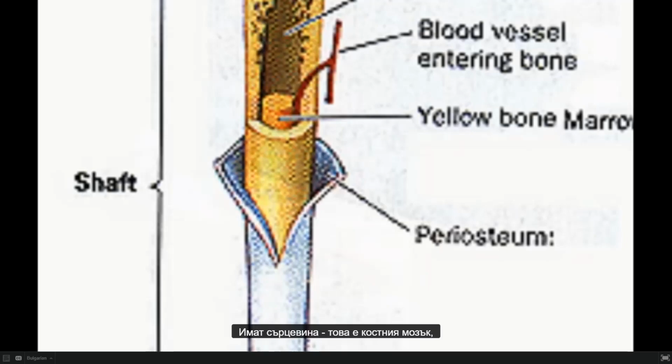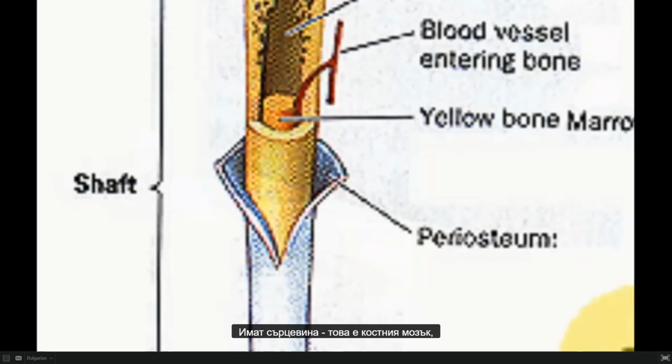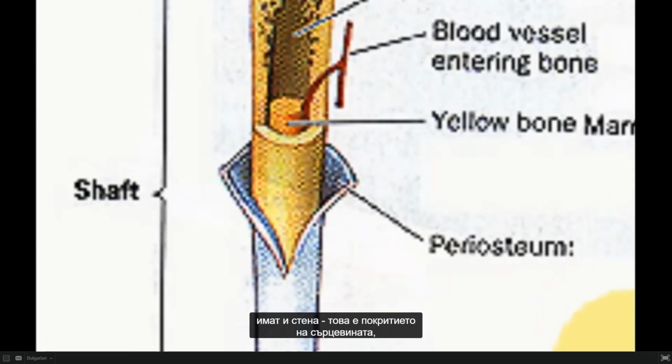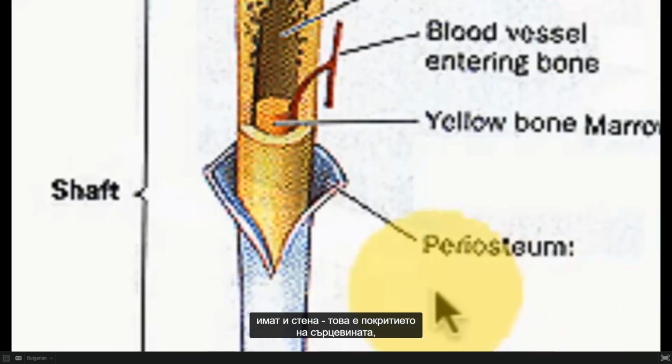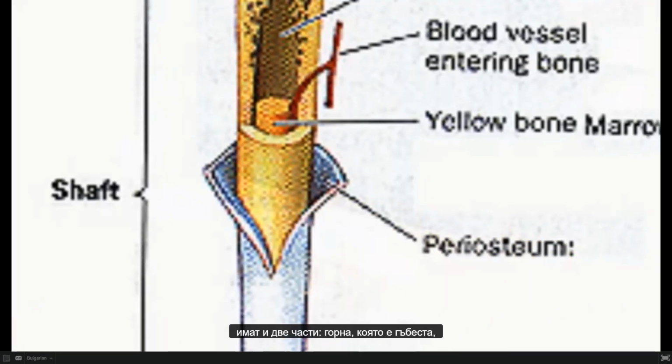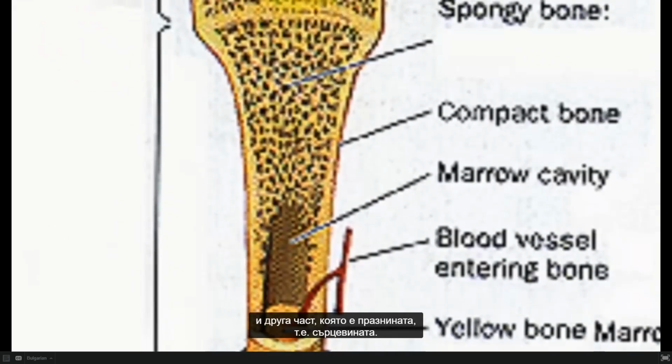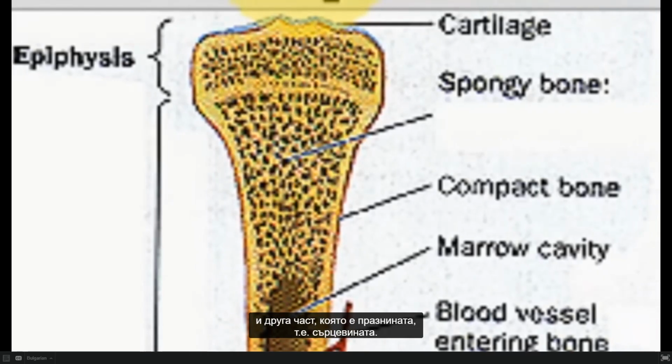It has the core, which is the bone marrow, and then the wall, which is the covering of the core, with two parts: the upper part like a spongy part, and the second part which is the hollow, which contains the core.